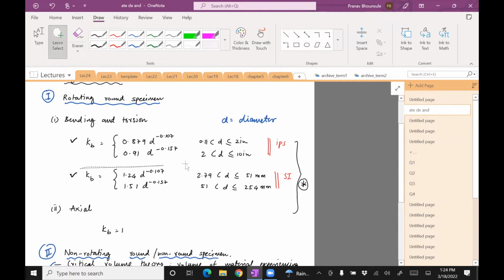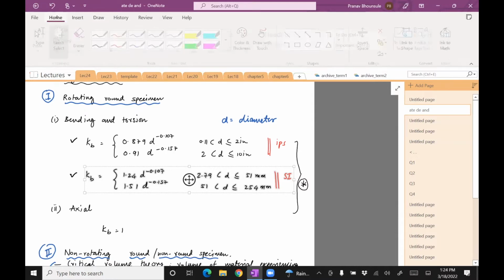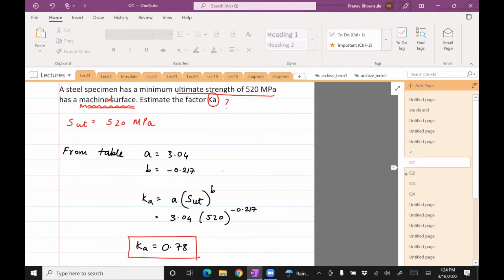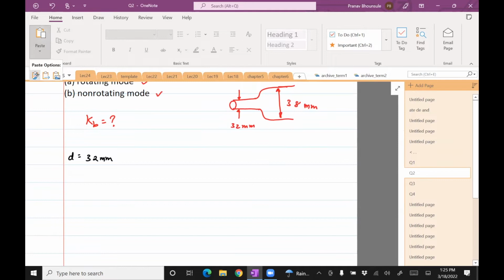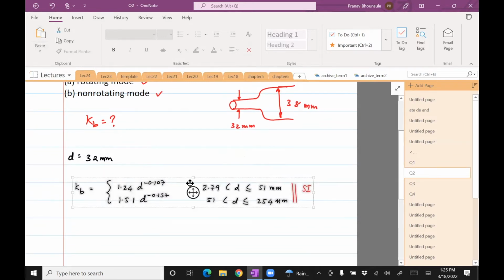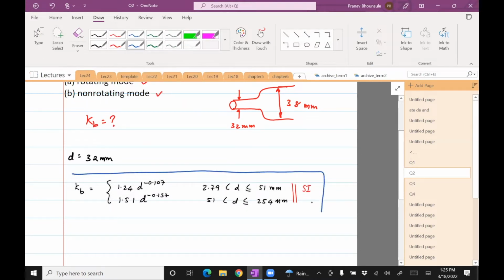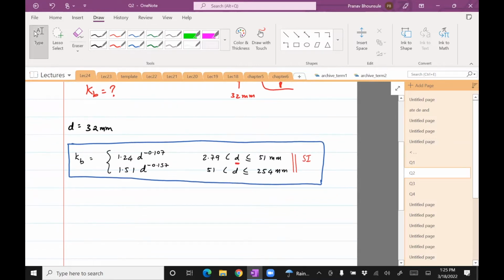Just copy this whole thing. Okay, so the diameter of 32 mm falls here within this range. So we use the first.